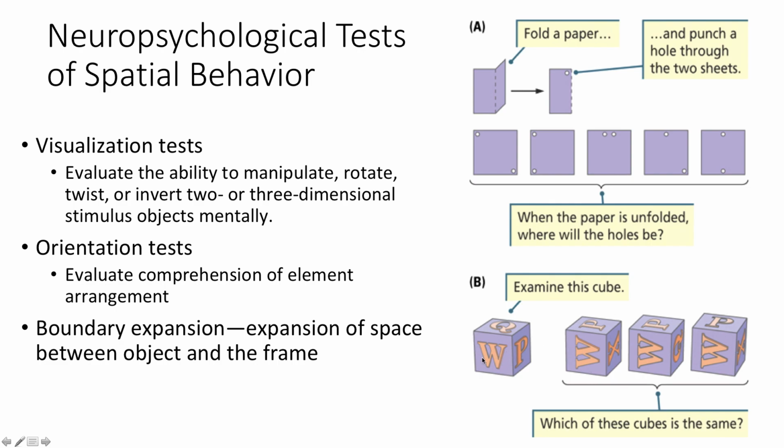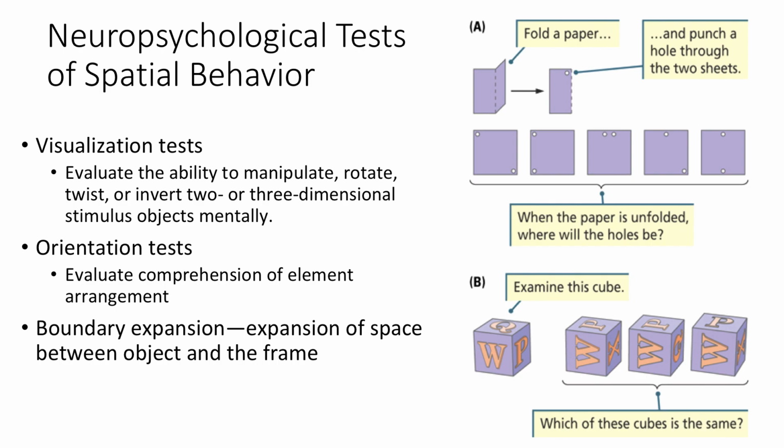If you rotate it, on all 3, you have the W like that, and you would have the P like this, and the Q would be on the other side, right? So it would have to be this one. So this is an example of an orientation test.